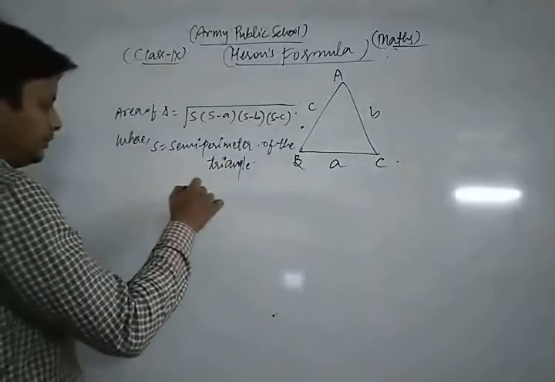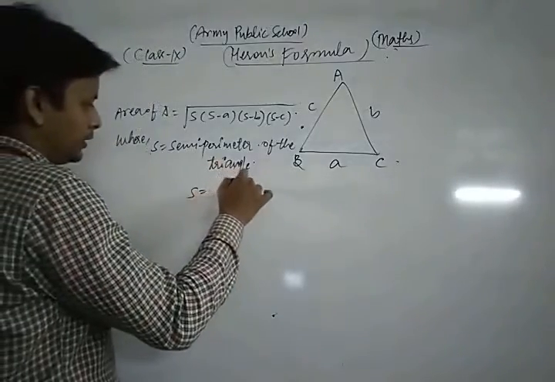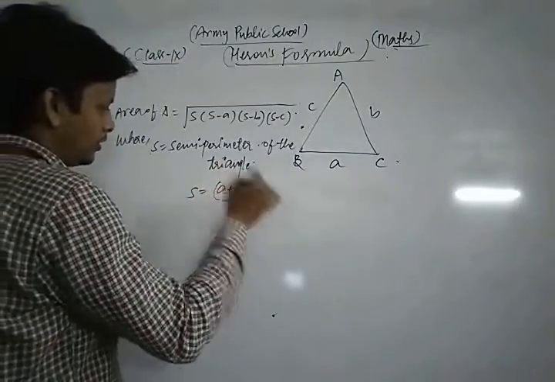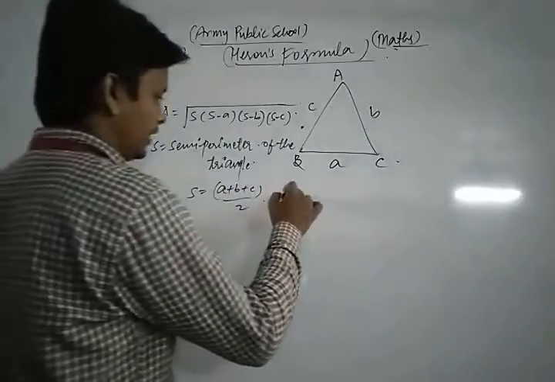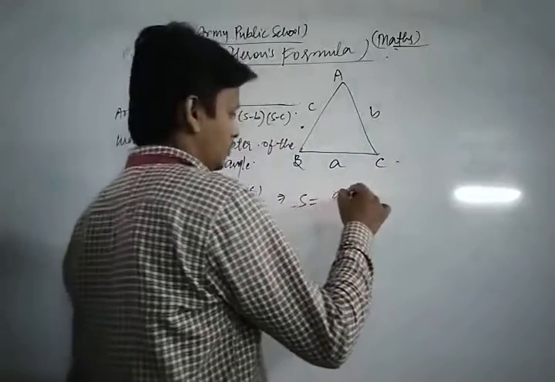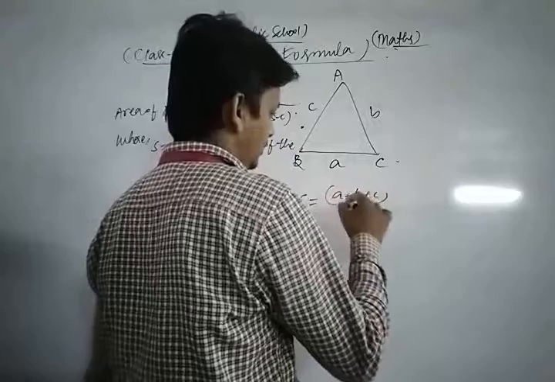The semi-perimeter is calculated by the formula S is equal to A plus B plus C upon 2.